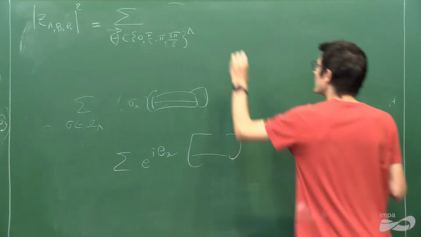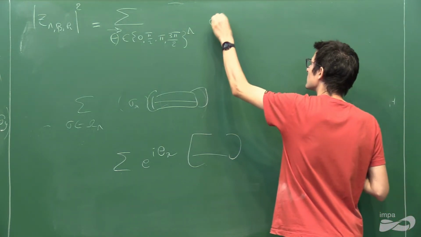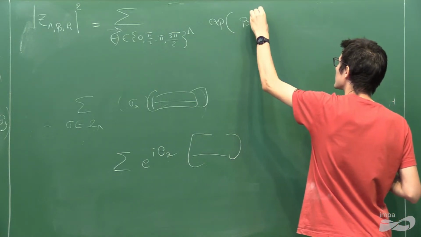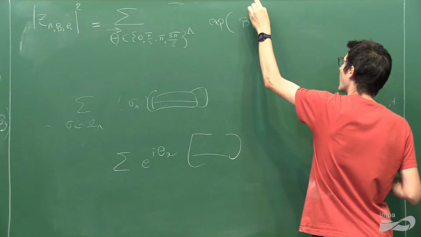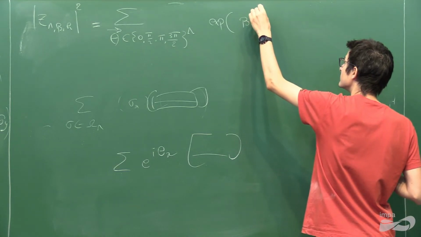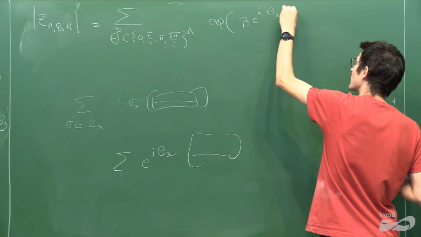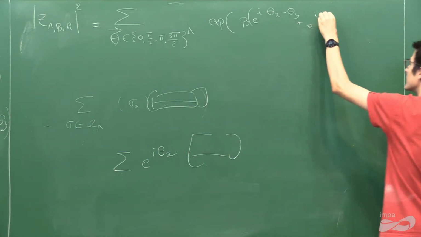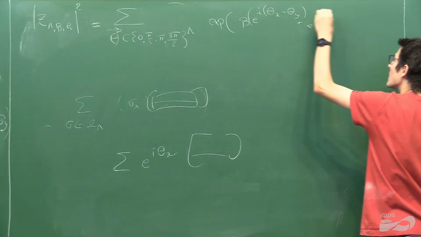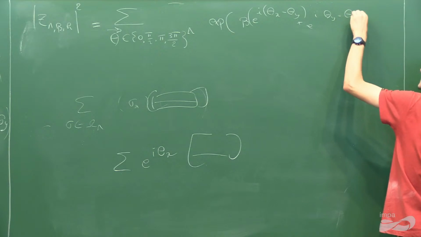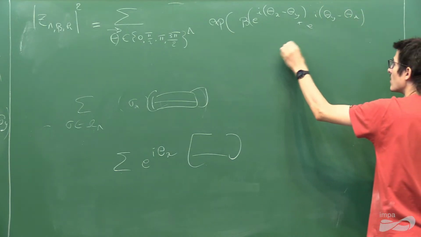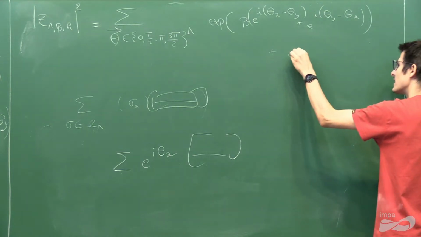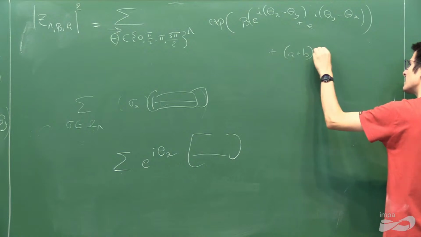And then you have exponential β exponential i(θ_x − θ_y) plus exponential i(θ_y − θ_x), plus (a+b) exponential i θ_x plus (a−b) exponential −i θ_x.